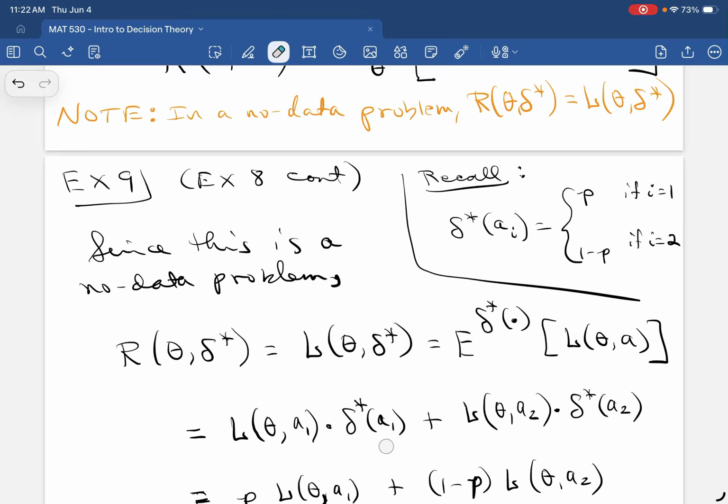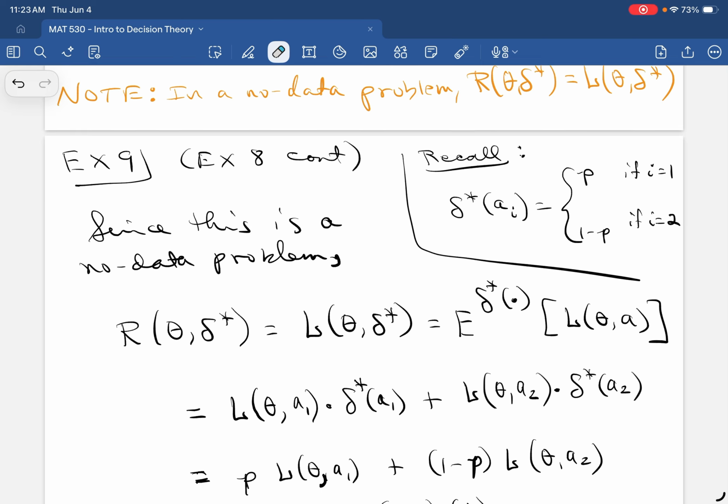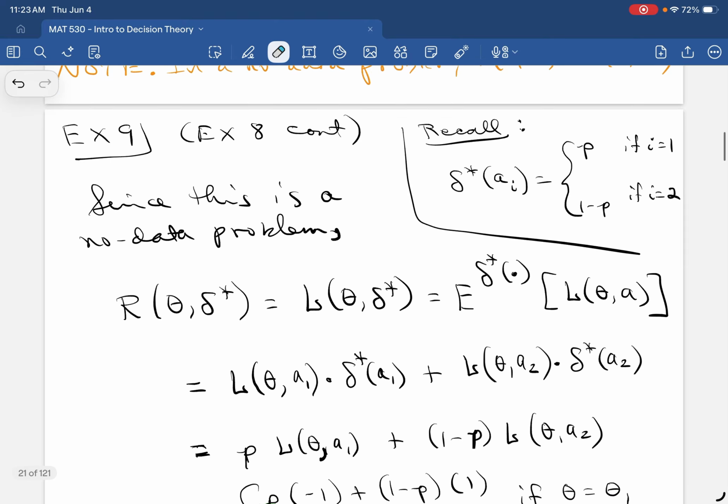So delta star of A1 is the probability that we choose A1, so that's little p. And then the loss of theta comma A1 depends on what theta is, so we'll get to that in a second. Plus the probability that we choose A2 times the loss associated with A2. Again, delta star at A1 is little p, and delta star at A2 is 1 minus p. Now we've got to deal with each of those losses.